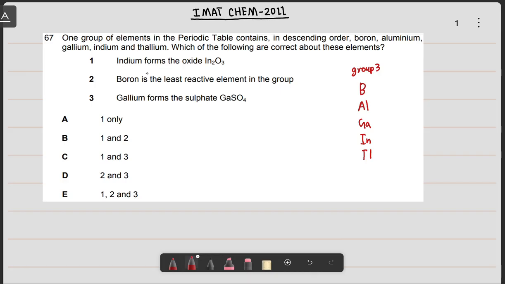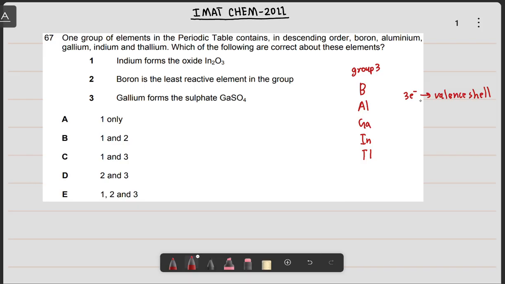Statement 1 says indium forms the oxide In2O3. So what we can deduce from the group name itself is that since it's group 3, these elements have 3 electrons in their valence shell, the outermost shell of the atom.